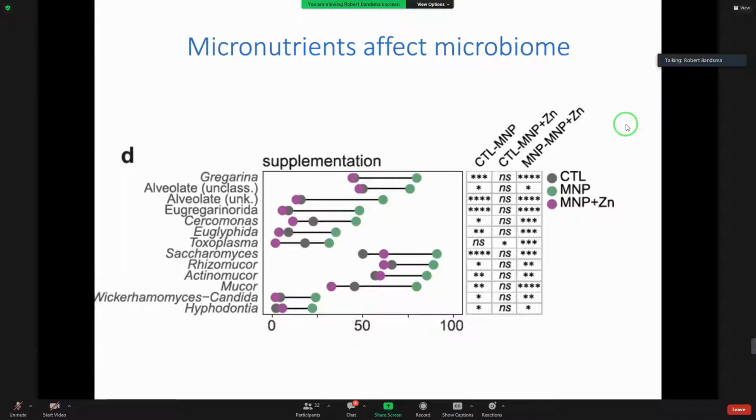It's a multiple micronutrient powder plus or minus zinc. And what we found was that supplementation with micronutrients can actually also lead to dysbiosis and potentially growth of microbes that can be harmful for the child.